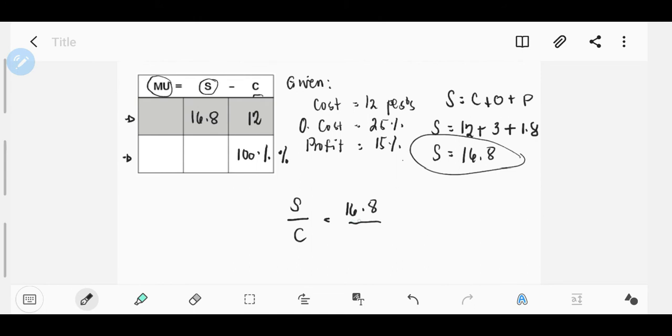Okay? 16.8 divided by 12 is 1.4 times 100. That gives us 140%. Bakit po natin multiply by 100? Kasi, ganun mag-convert ng decimal to percentage. Okay. So, lagyan natin dito ay 140%.